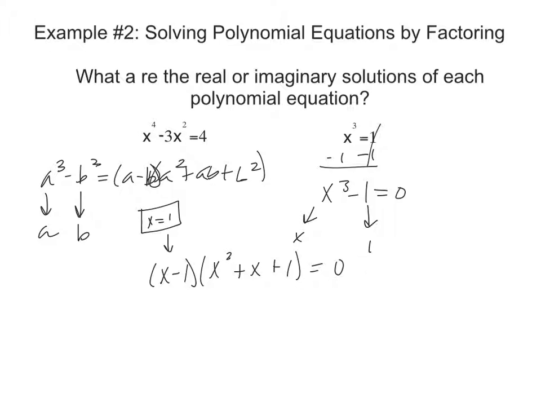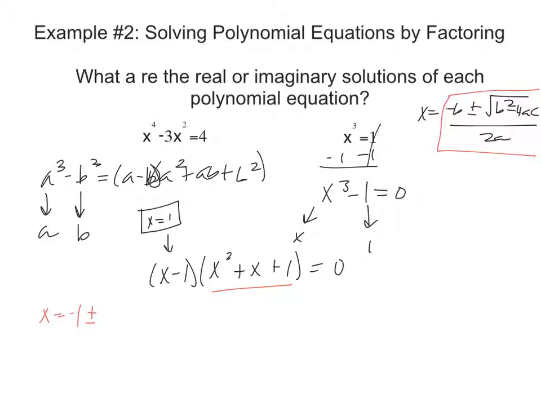And then remember, quadratic formula is x equals negative b plus or minus the square root of b squared minus 4ac all over 2a. And we'll do that for the second factor here. So let's do that. x equals negative 1 plus or minus the square root of 1 squared minus 4 times 1 all over 2 times 1.